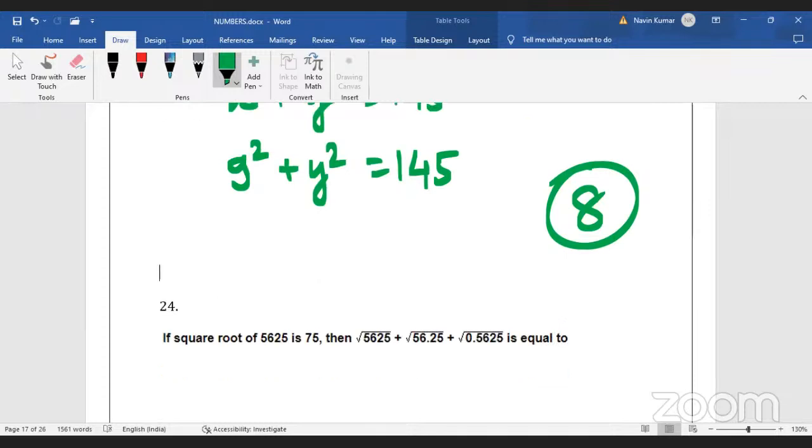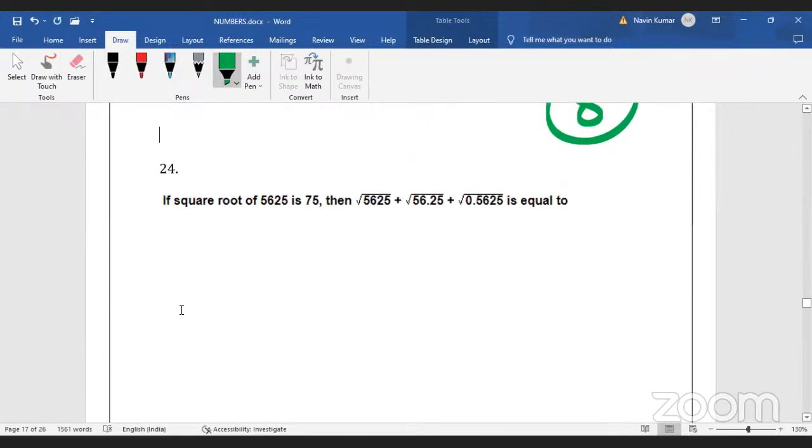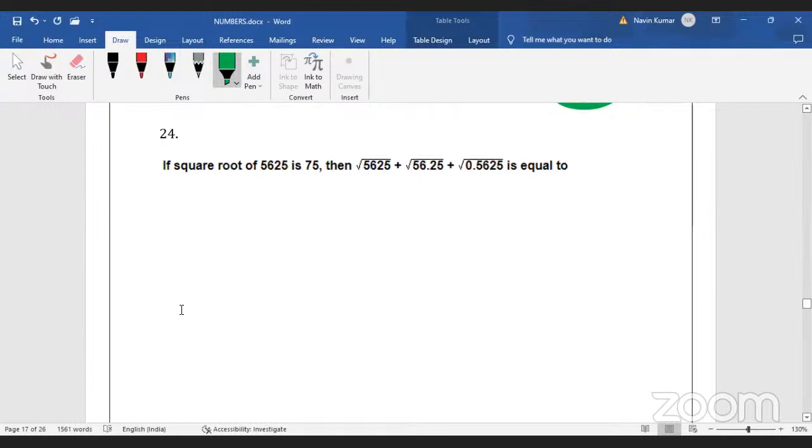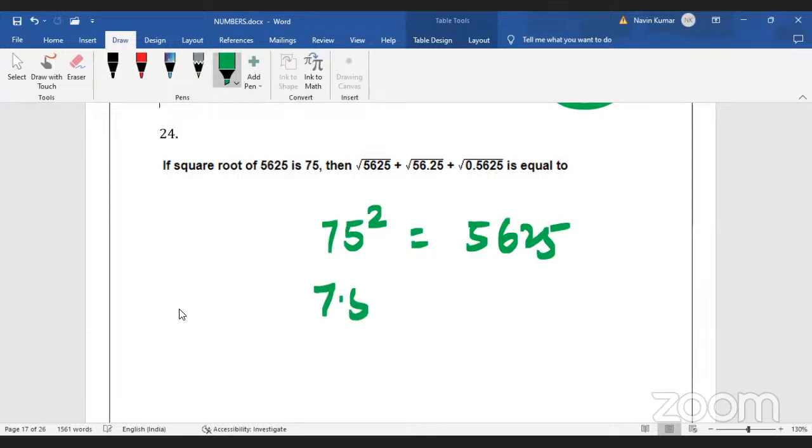Question number 24. Squares, square root. See one thing. If square of 75 is 5625, what will be the square of 7.5?